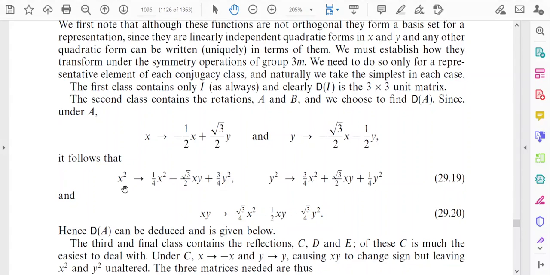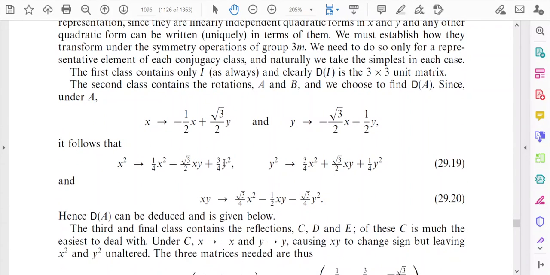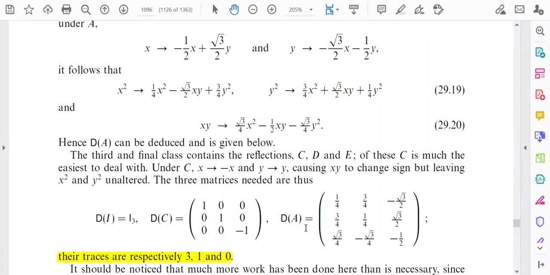Now as we have found x square, y square and xy, and our basis functions are x square, y square and xy, we can find the matrix D(A), by looking at the coefficients of x square, xy and y square. If we consider the coefficients of x square, in the first case it is 1 by 4, then 3 by 4, then root 3 by 4.